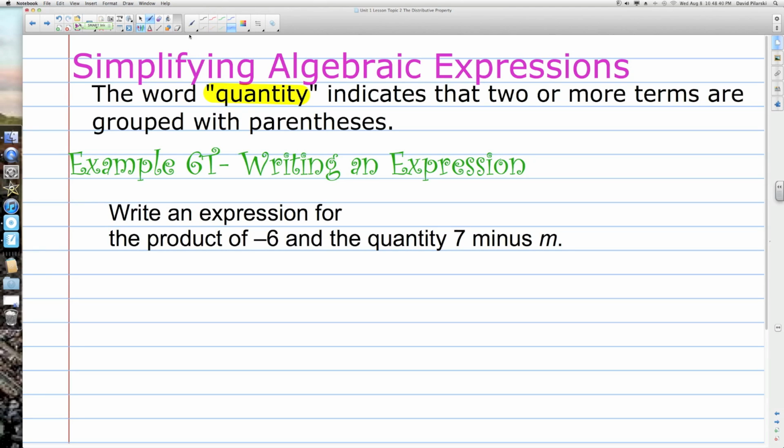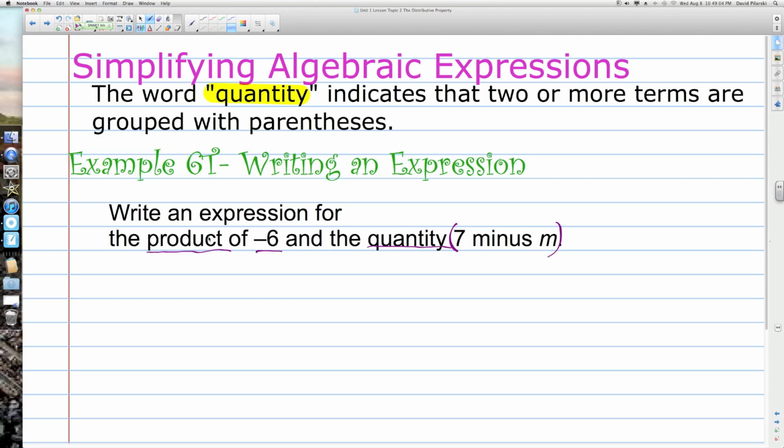So example 6, writing an expression. We need to write an expression for the product of negative 6 and the quantity 7 minus m. This is pretty easy to do. We got this one key word right here, the product of negative 6 and the quantity 7 minus m.